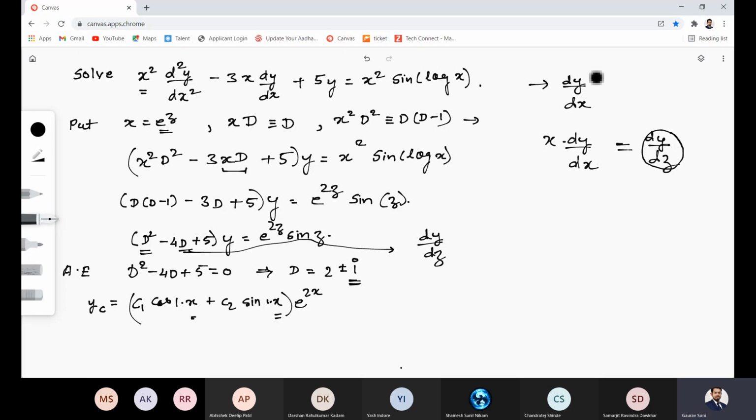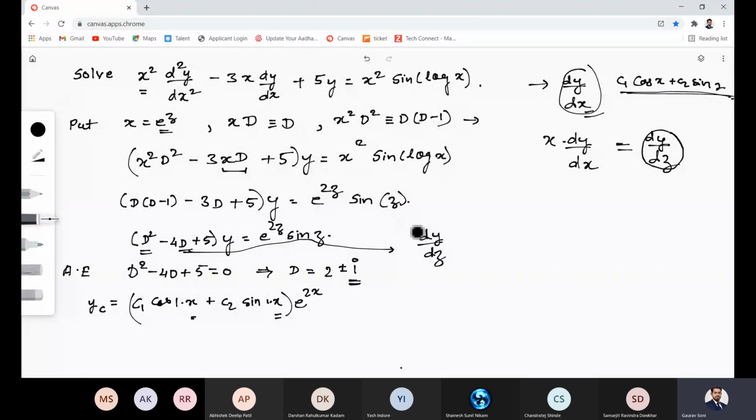And if it is dy by dz, then what will you write here? c1 e raised to minus z. Why minus z? Wherever you were writing x, if your derivative changes, the original derivative was with respect to x, so your solution came like that. Now in this case, as you have changed the variable, you have dy by dz.